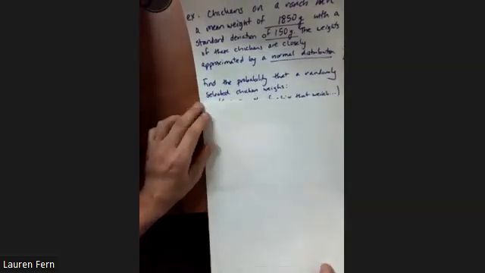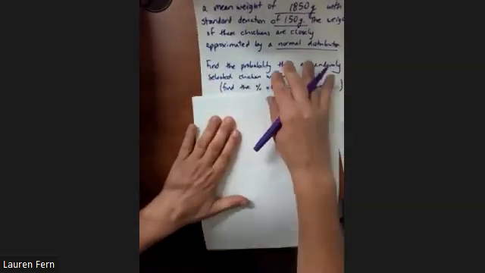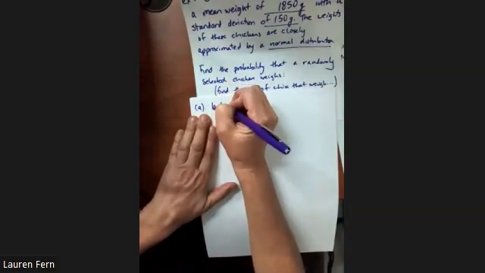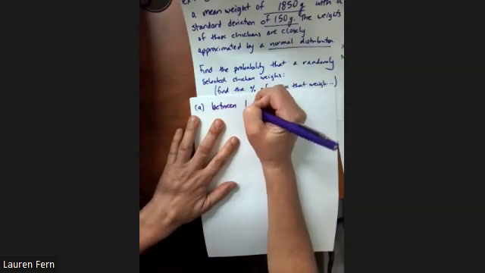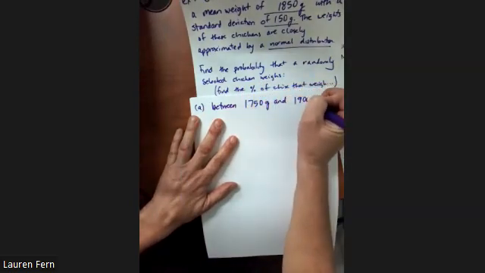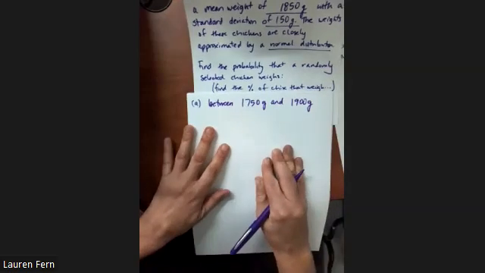All right, so here we want to find the probability that, how about a randomly selected chicken weighs between 1,750 grams and 1,900 grams.